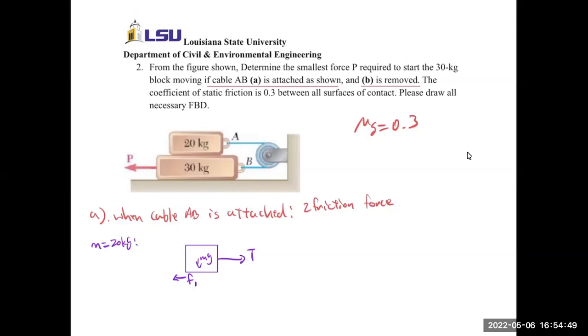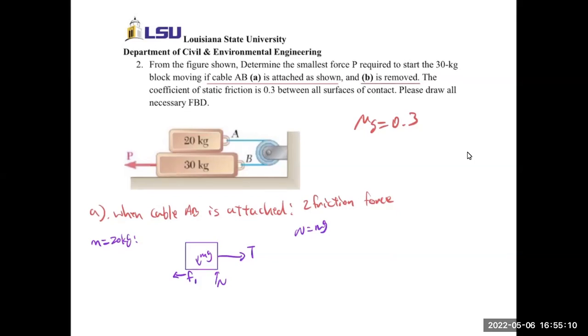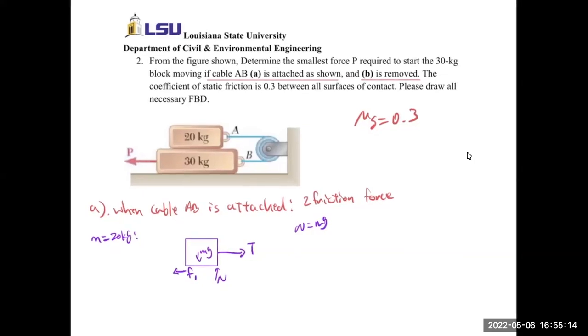And also here's the normal force, let's call it N. But we know that the normal force is going to equal mg because they are balancing out. Also, when you do the force in the y direction, you can see that mg is equal to N.